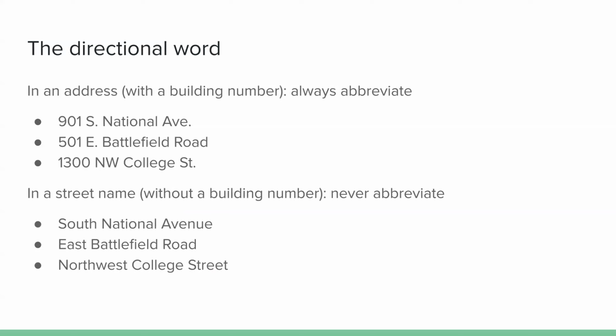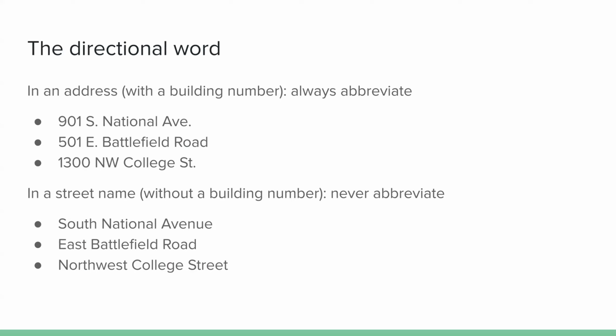Okay, so the directional word. This is the second of the four elements in an address. If there's a building number there, therefore it's an address, then that directional word is abbreviated. In all these examples, we have a building number, and you'll notice that the directional words, south, east, or northwest, are abbreviated.